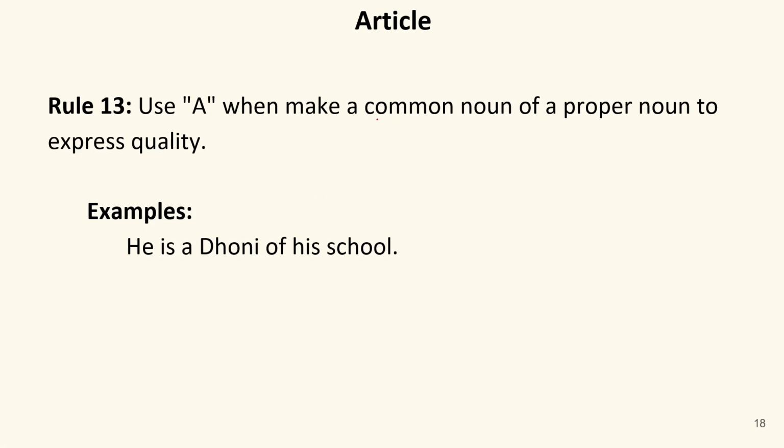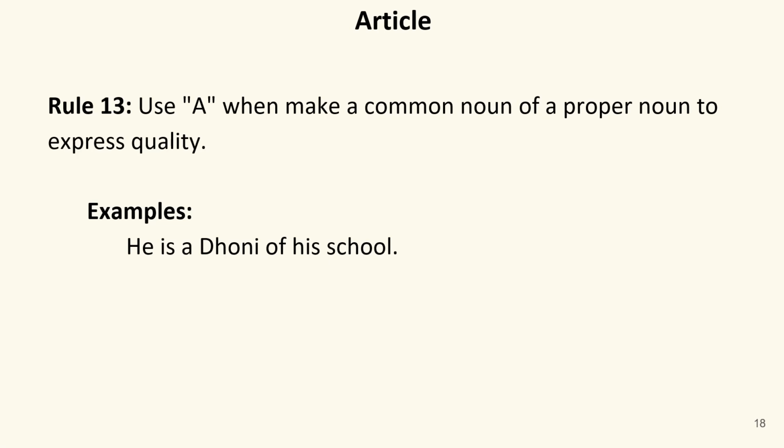Now, if we make a common noun of a proper noun to express quality, we are using a proper noun not properly, but as a common noun in a general sense. For example, sometimes we see that a person is not like what we want.